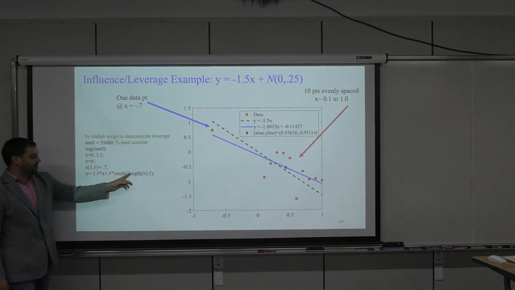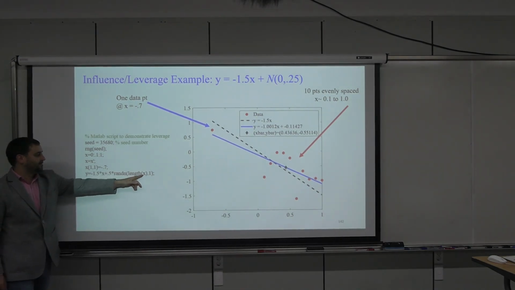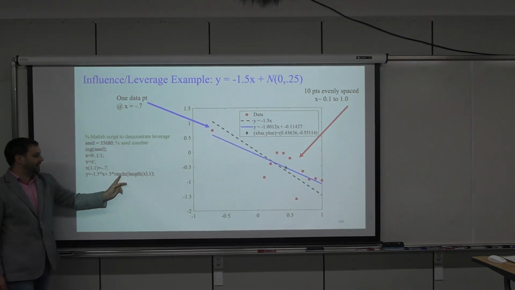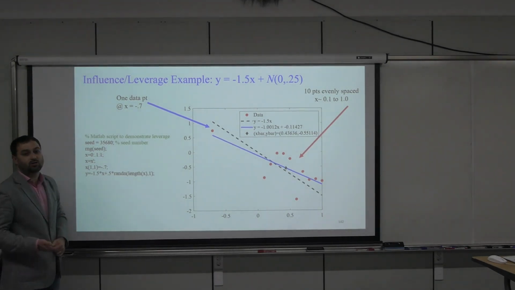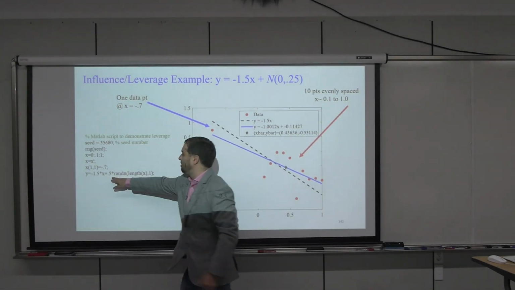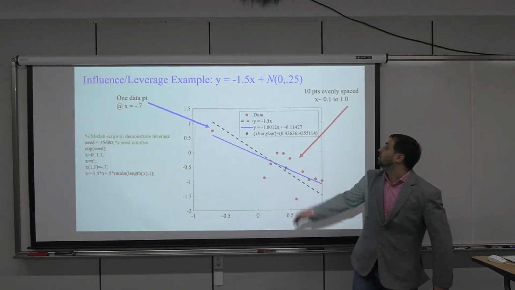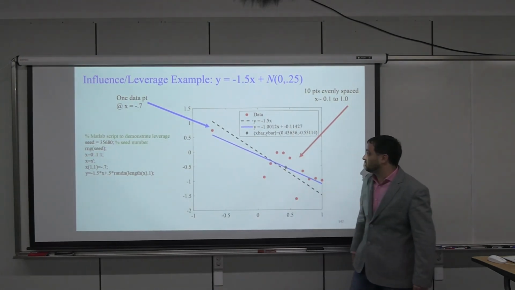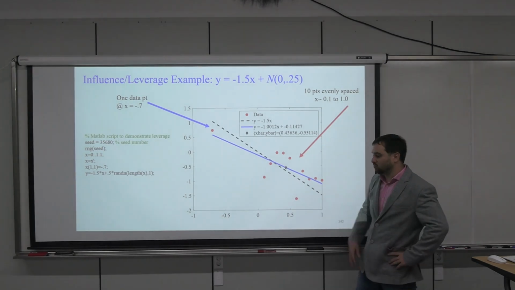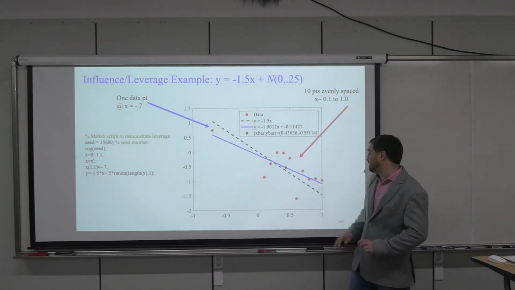And then I sampled 10 using the rand command, 10 random numbers that are normally distributed with a 0.5 standard deviation, or 0.25 variance. So you're able to generate this exact data set if you want.